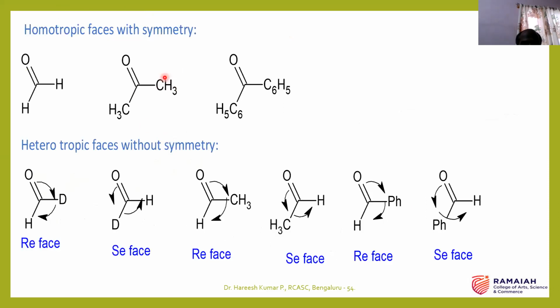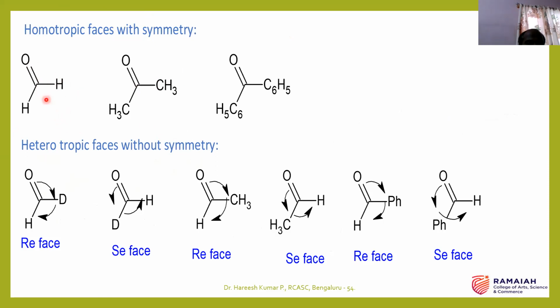Here, one more terminology I will use: homotopic and heterotopic. So how do you find that? Homotopic means you can observe that two groups are identical. You can easily find out that these are identical. And also you know about the plane of symmetry.